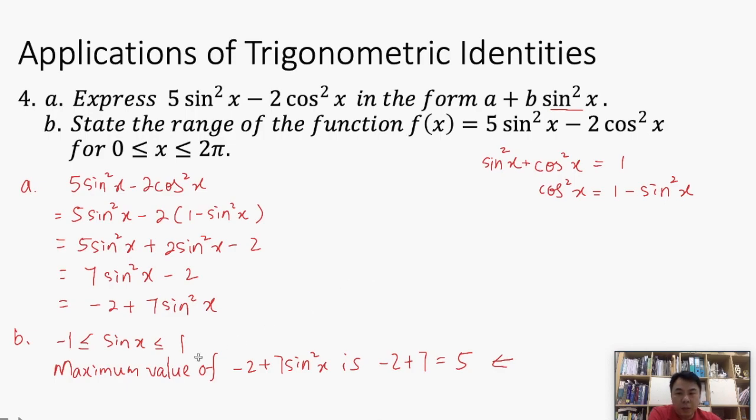Now what will be the minimum value then? Minimum value of negative 2 plus 7 sine square x is, the lowest value that you can expect here will be 0 for sure. So therefore the lowest value is negative 2.